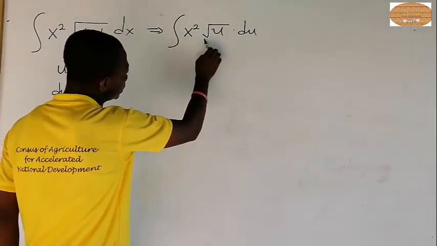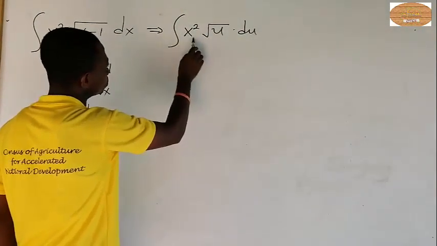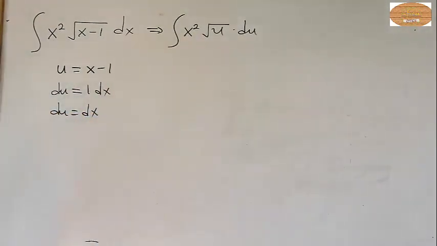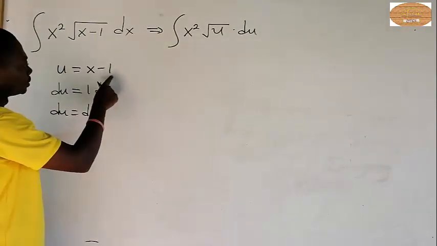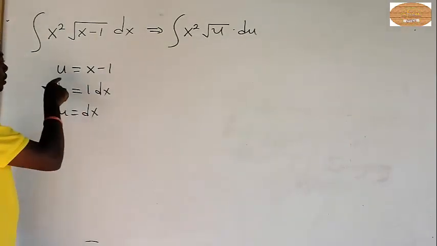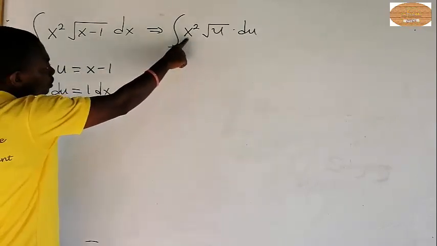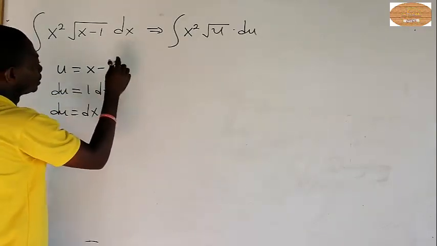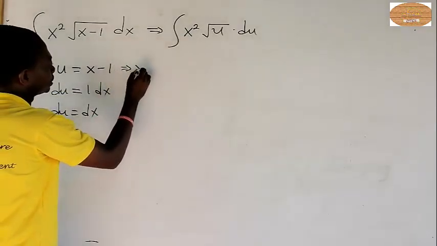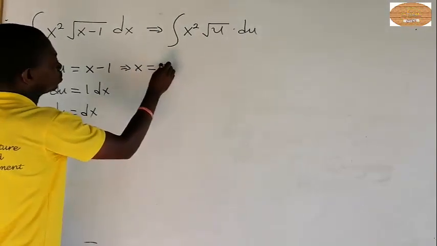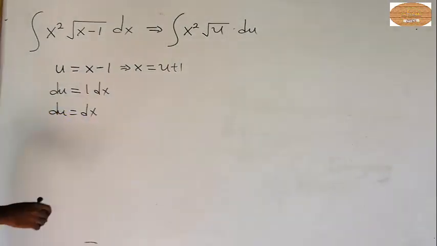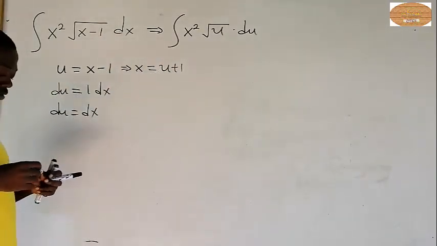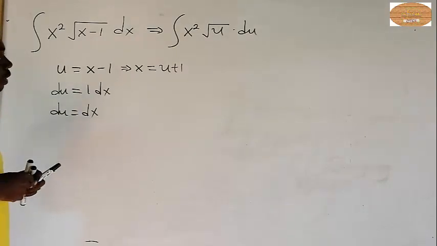Now since we are doing it in terms of u, we have to change x squared as well. We have u equals x minus 1, so we can change this by making x the subject. So x equals u plus 1. Where I see my x, I'll put u plus 1 there.